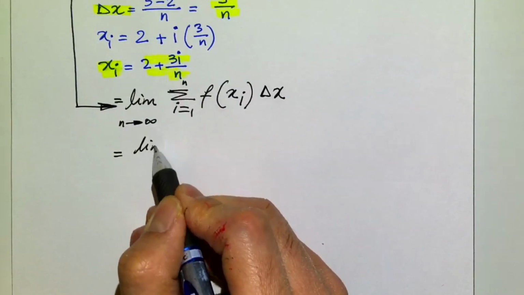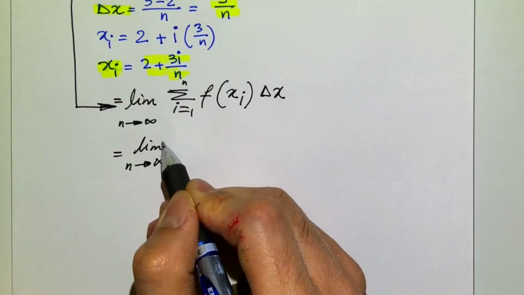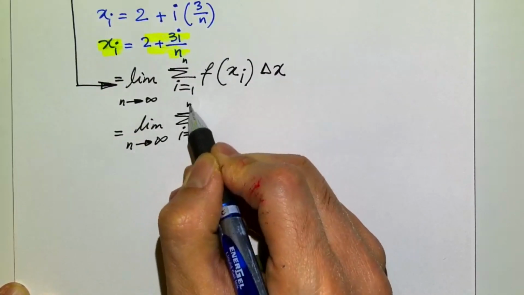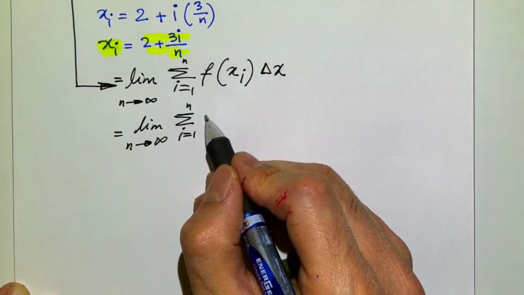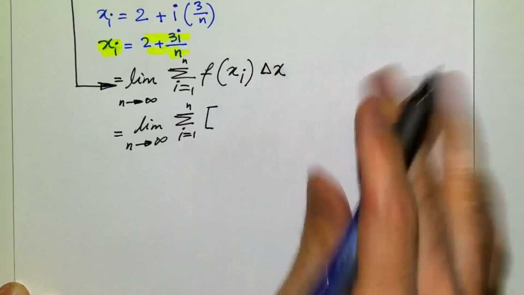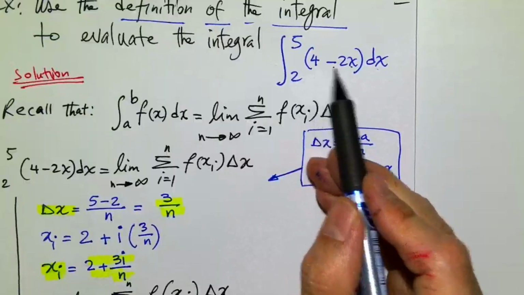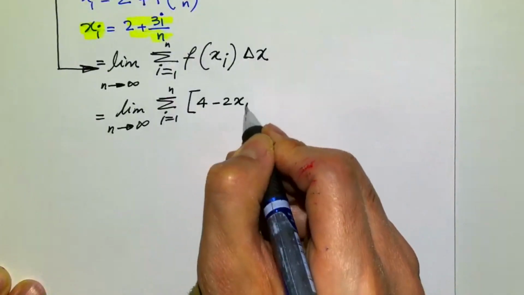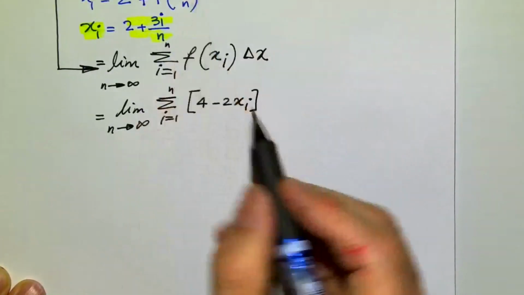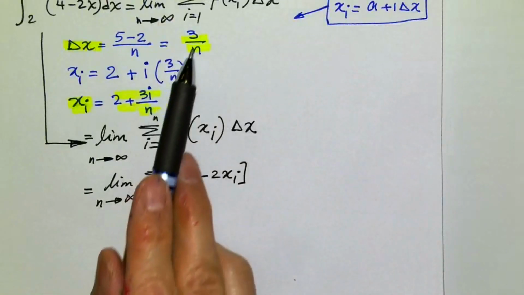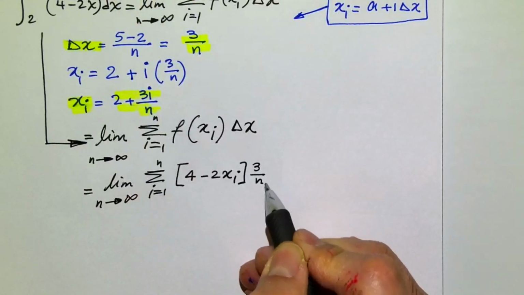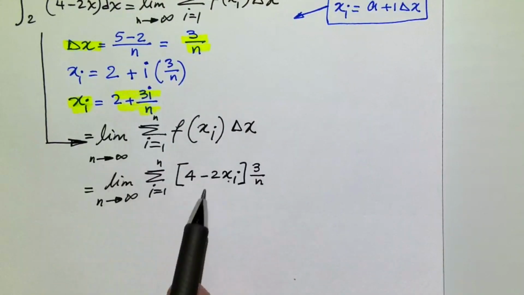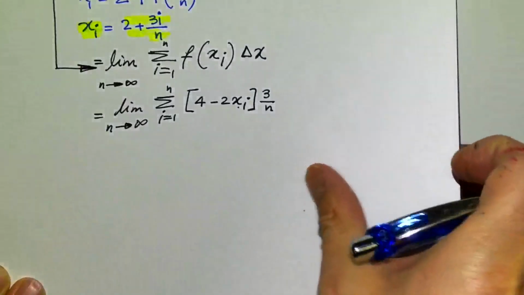So we have the limit, as I hope I can fit all this on this one page, and the sum with i from 1 to n of f, that would be this function, 4 minus 2xi, times delta x, which is 3 over n. Okay, so that xi now is this whole thing. Right? So let's do that.